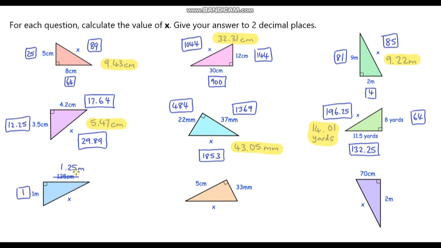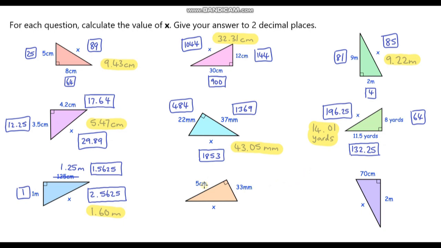That's just 1. 1.25 squared, well, that is 1.5625. Now if I add these together, well, that will give me 2.5625. And now if I take the square root, I get 1.60. And remember our units, so I converted into meters. So for this, my answer is going to be meters. If you did convert everything into centimeters, you should get 160 centimeters as your answer.